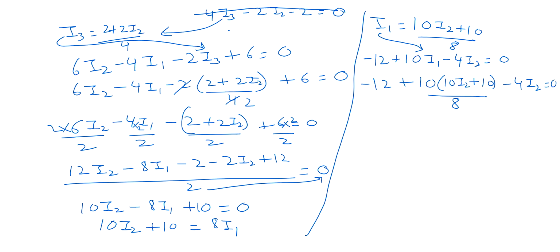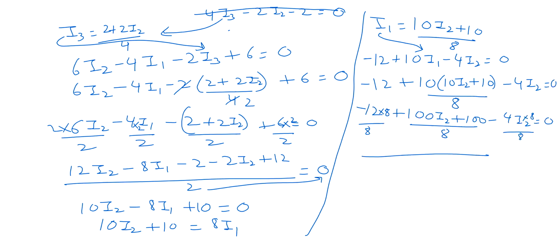So solve for it. Minus 12 plus 100i2 plus 100 divided by 8 minus 4i2 equal to 0. So you make a common denominator for the 8 and solve it.